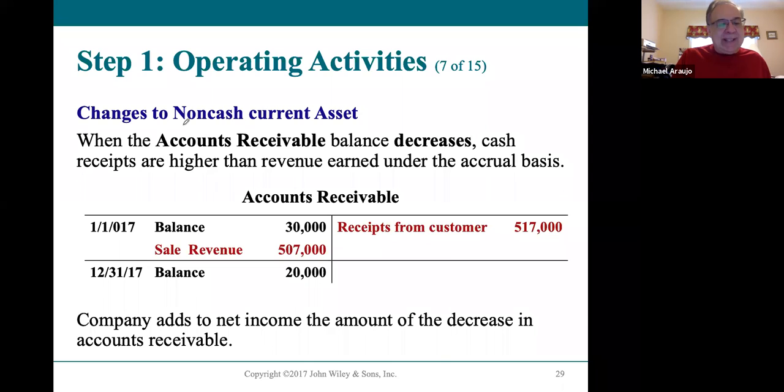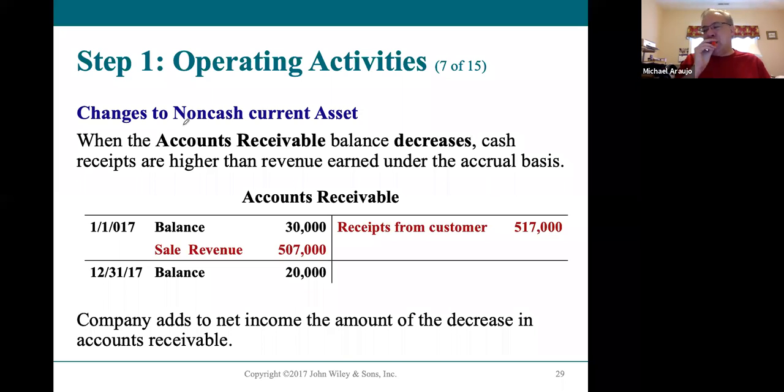Okay, the next step is probably the most, I wouldn't say difficult, but I think all of it's a little confusing at first, because you're looking at things from a cash basis now for the first time in the course. We've all been looking at things from the accrual basis, that we have our accrual sunglasses on, and we need to change those sunglasses to bifocals.